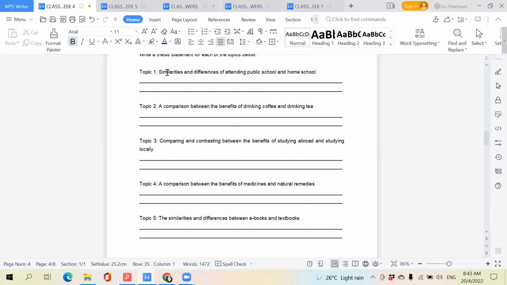No, the transition signal that you need to use here are the transition signals that are used for comparison and contrast essay, not the regular ones like in addition, moreover, furthermore. That one can be used in body paragraph. But for a thesis statement, for you to use moreover or furthermore is unacceptable.